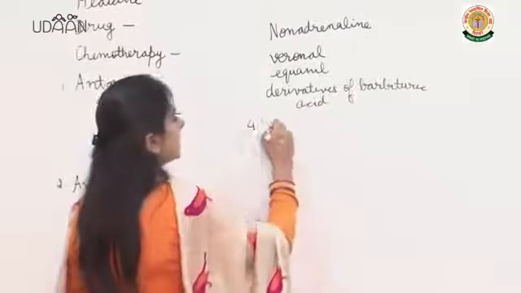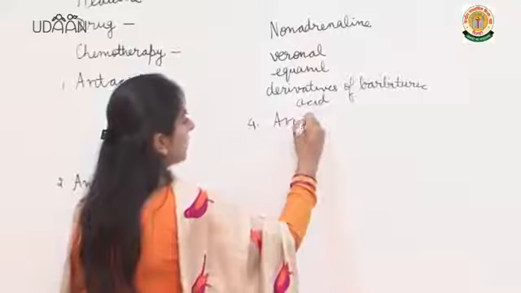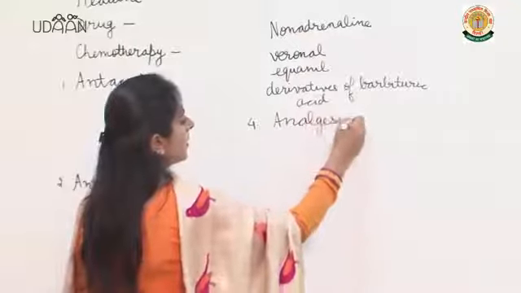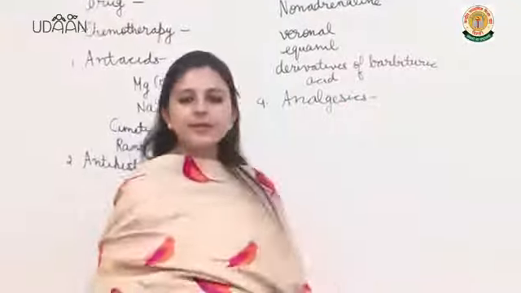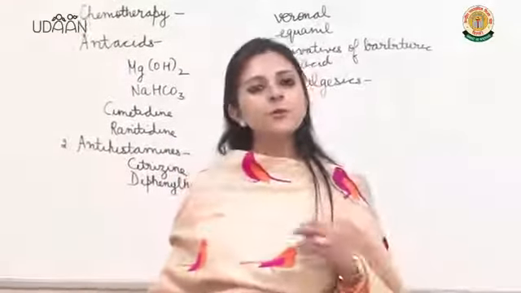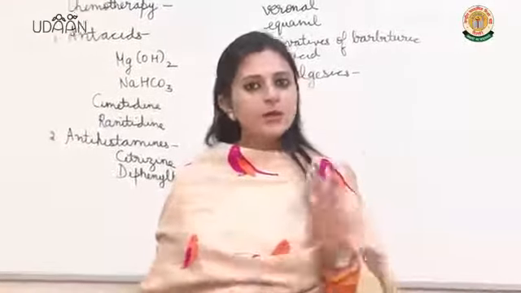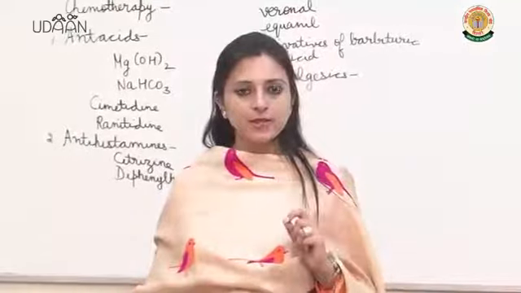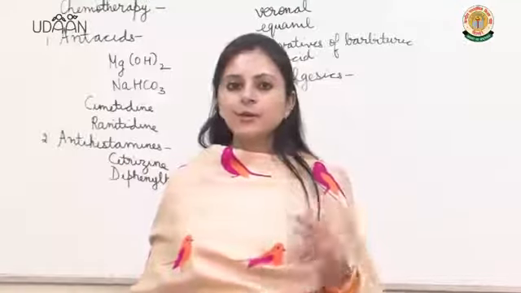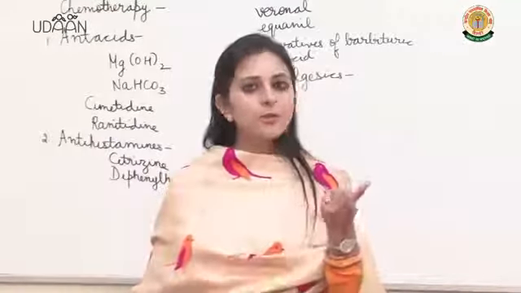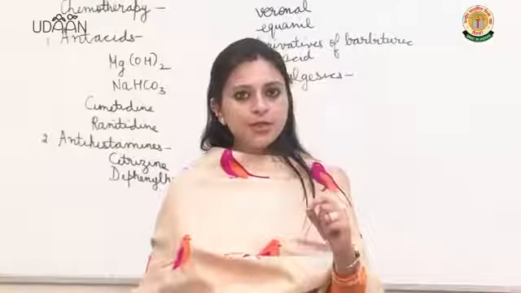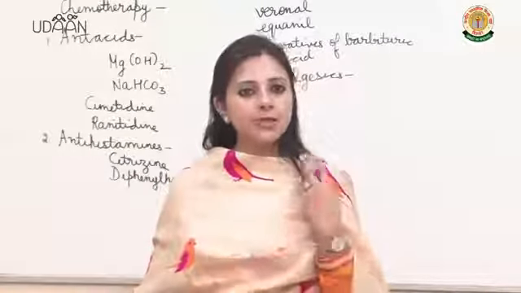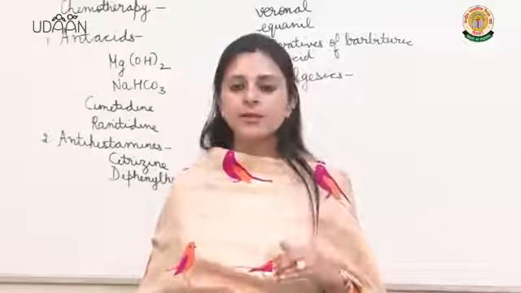Now next category is analgesics. Now what are analgesics? Analgesics are drugs which reduce pain and they can also be used as antipyretics. Now you must have seen, whenever you are suffering from fever, you take Crocin pain relief. That means it is working as an antipyretic as well as analgesic.